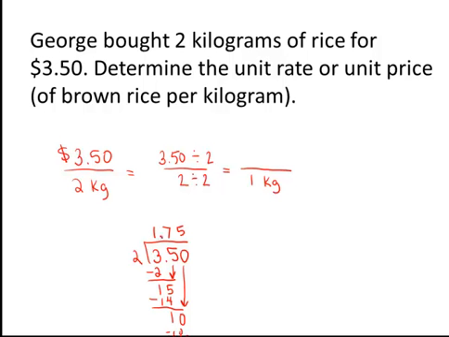Put in our decimal point, and we have $3.50 divided by 2 is $1.75. So the unit rate is $1.75 per 1 kilogram, or we can just say $1.75 per kilogram.